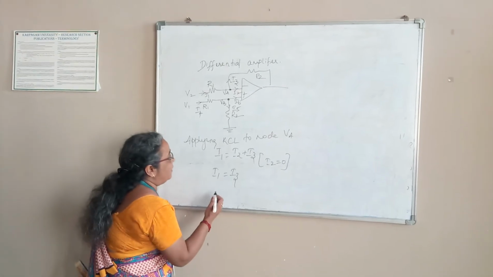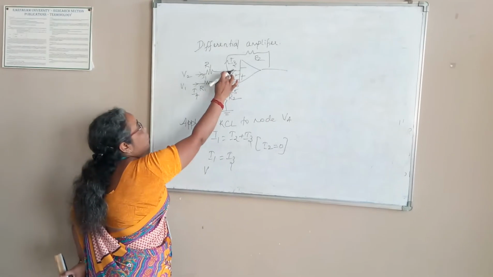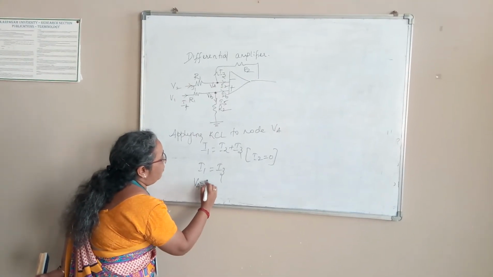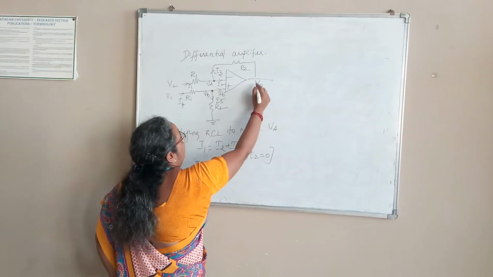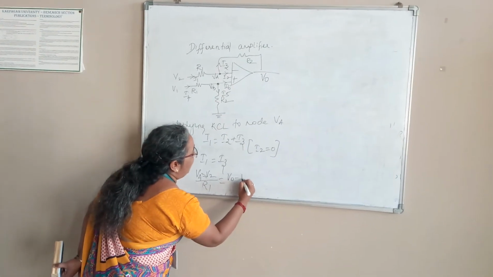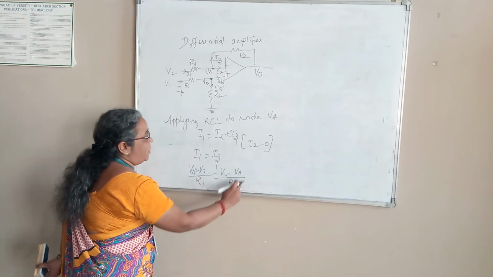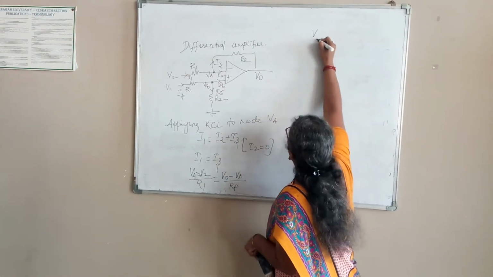Expressing this in terms of voltage and resistances, I get ending voltage minus starting voltage. So (VA minus V2) divided by R1 is equal to, similarly, this is V0, (V0 minus VA) divided by RF. From this expression I have to find out what my VA is. First I will separate my terms.